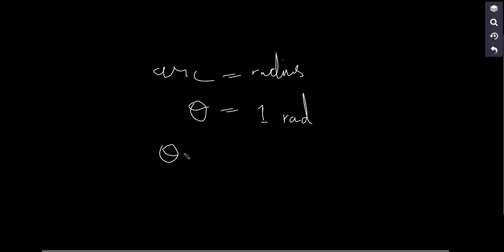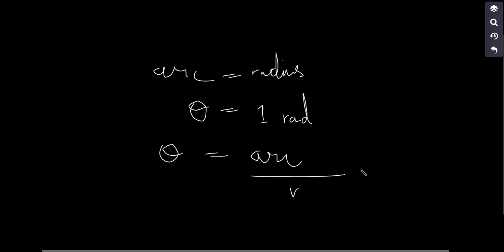If arc is equal to radius, then theta is equal to 1 rad or radian. If arc is equal to radius, we know that theta is equal to arc length by radius.